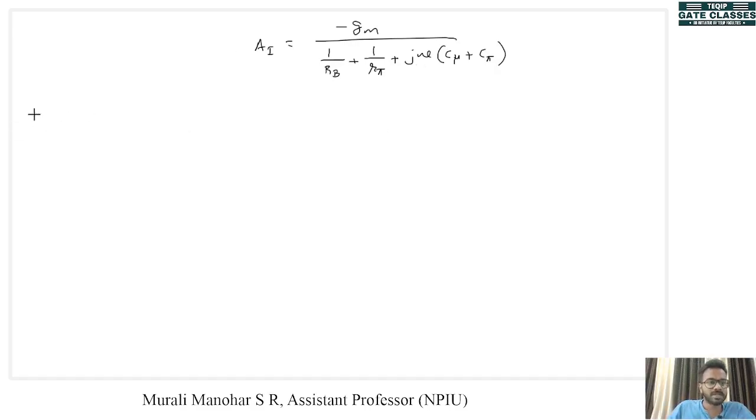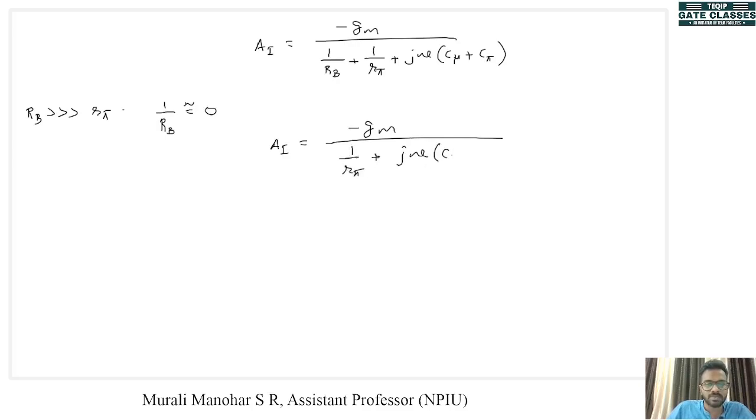We can make an assumption here. Normally the value of RB will be very much greater than R pi. So 1 by RB can be equated to 0. So now AI will be equal to minus GM divided by 1 by R pi plus j omega into C pi plus C mu.